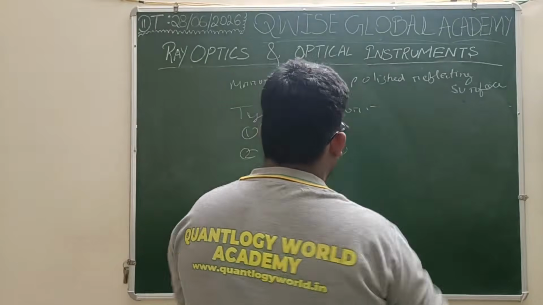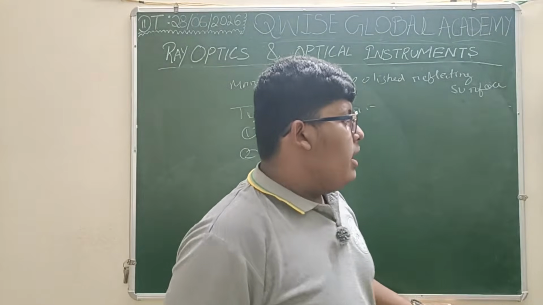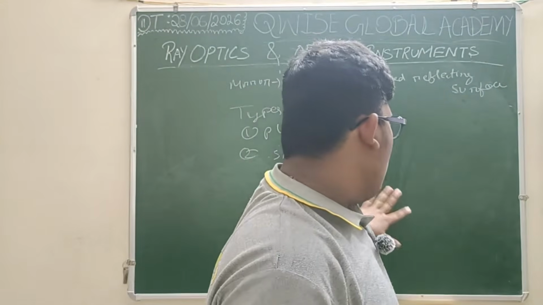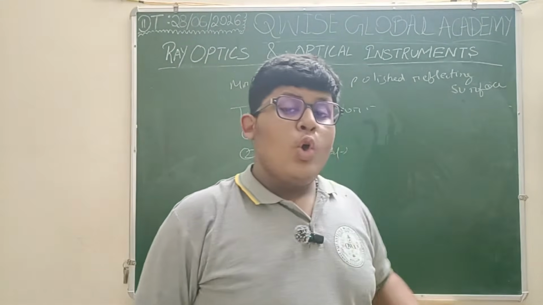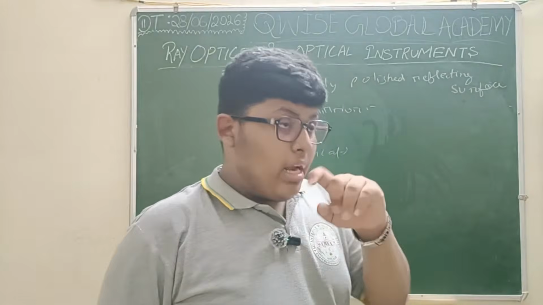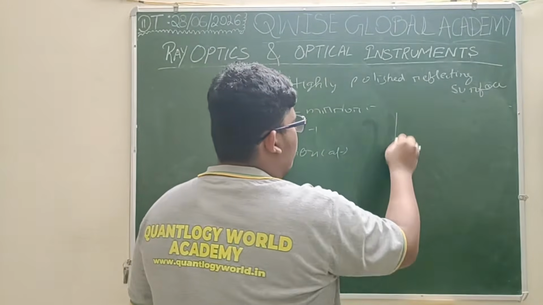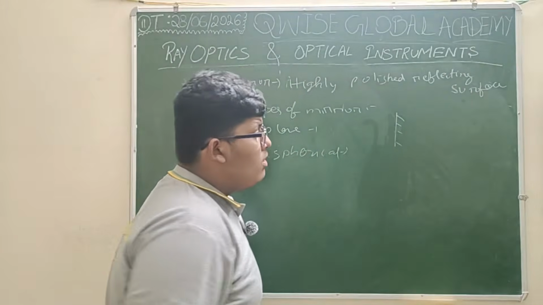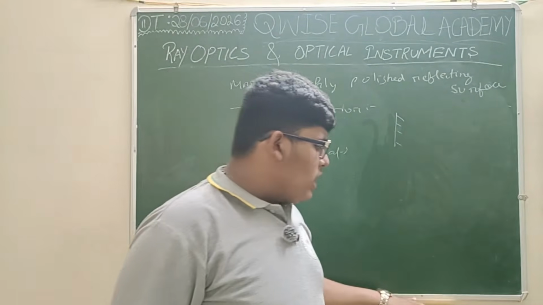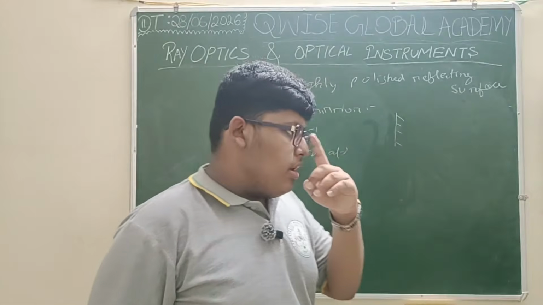Plane mirror: it is a flat surface, a highly polished or reflecting surface which is flat, that is called plane mirror. This is the proper example of plane mirror, which is flat. The mirror we normally use at our homes is plane mirror.